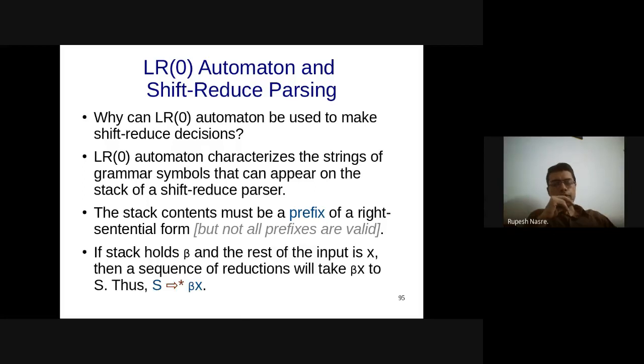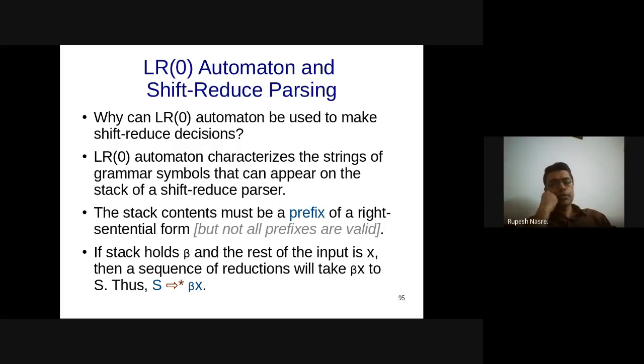I'll show you an example of why. Not all the prefixes are going to be valid, because only a few of them are going to appear as handles. As soon as something appears as a handle, that needs to be reduced. You cannot apply a shift there, and therefore not all the prefixes are going to be valid.